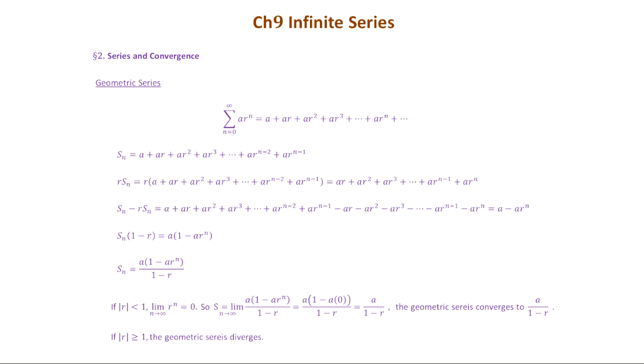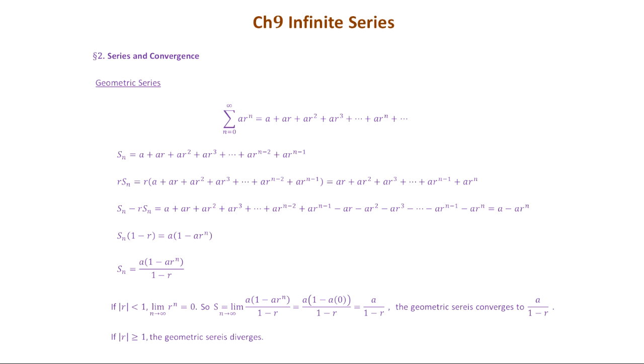So we get a times 1 minus 0 over 1 minus r, which is a over 1 minus r. So the geometric series converges to a over 1 minus r. That means the sum of this infinite series is actually a over 1 minus r when the absolute value of r is less than 1.